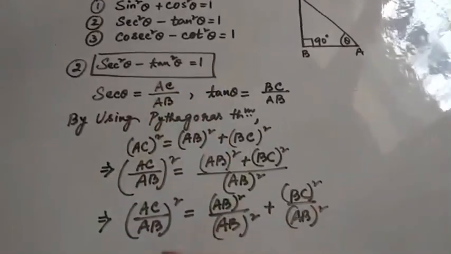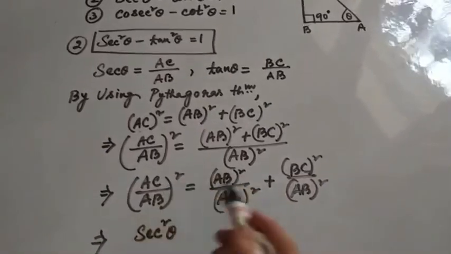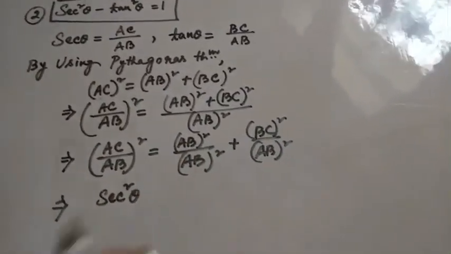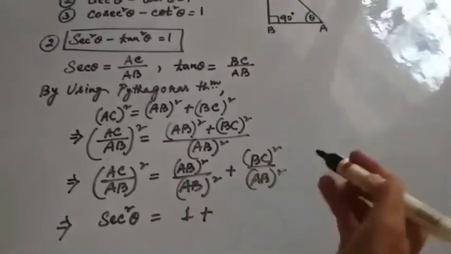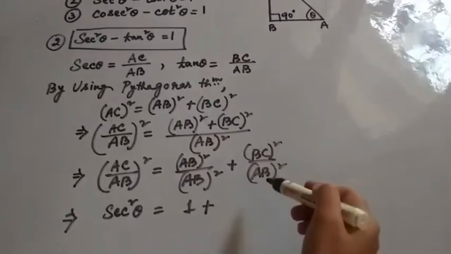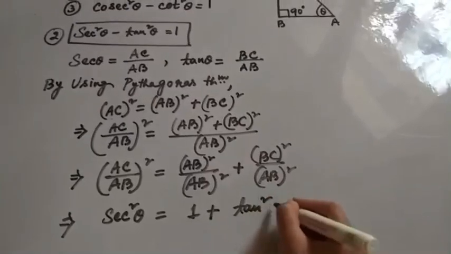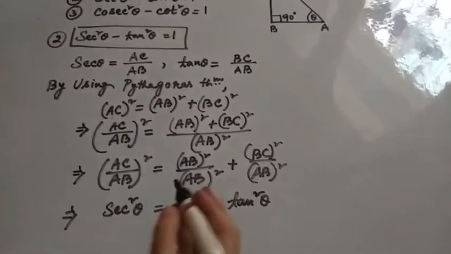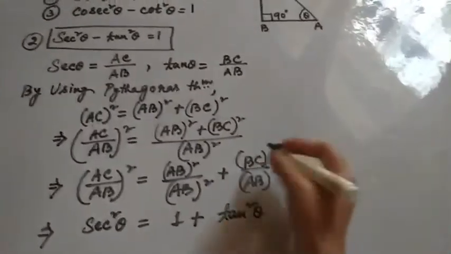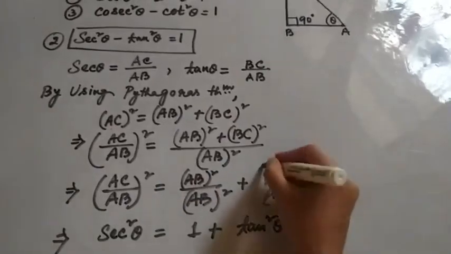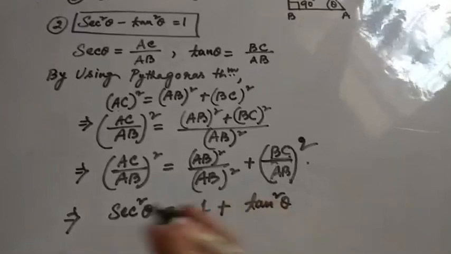I have already written. So it will be sec square theta because the square is given, right? AB square by AB square means 1, plus BC by AB means tan theta. So the square is given, that means it will be tan square theta. And instead of the individual squares, you can write it like this also. Both are the same: BC by AB whole square.